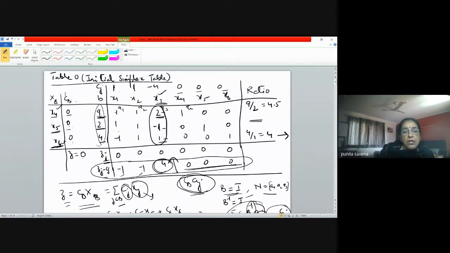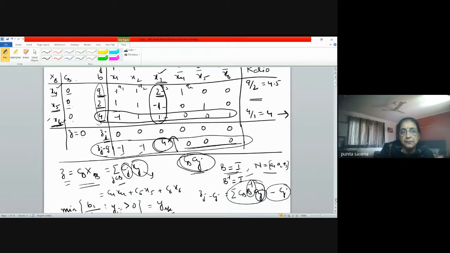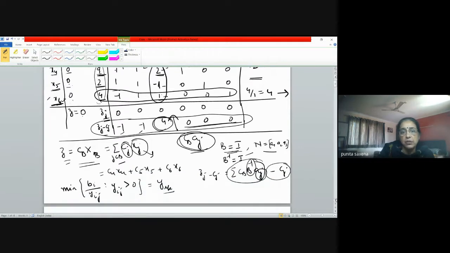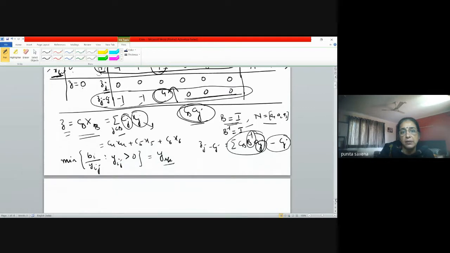So now we have to be concerned about this row also. The last row goes, or x6 leaves the basis and x3 enters the basis. This is the first decision that we have taken. Okay. Now, is this clear? How we choose the entering and the leaving variable?